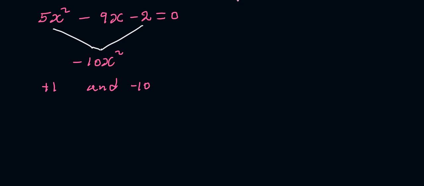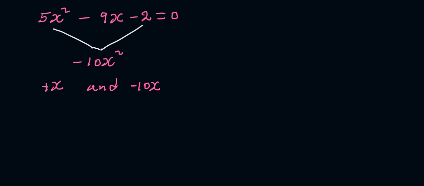So once you have gotten the values, now you can include x to them. So this will be +1x and then -10x. Since we have just +1x, you don't have to include the 1. All you have to do is write down the x, because plus x is the same as plus 1x.